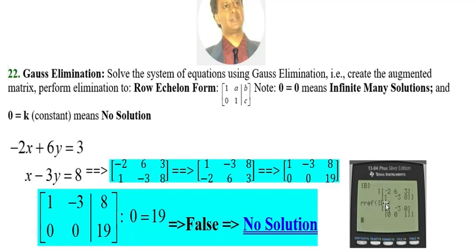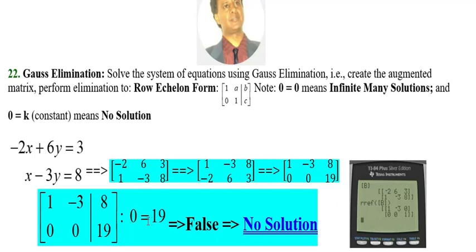We do ref B, then we get 1, 0, minus 3, 0, 0, 1, augmented with 0, 1. This means 0 times X plus 0 times Y equals 1. That is 0 equals 1, which is false, no solution.